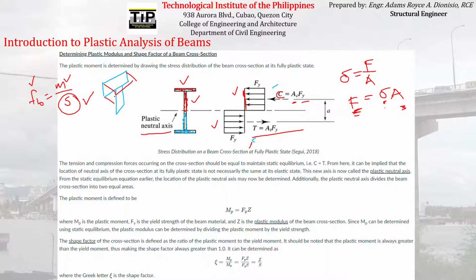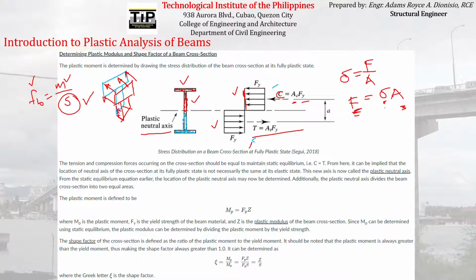Para siyang may volume. Tapos gano'n din dito sa lower portion. Medyo hindi lang maganda masyado yung drawing ko, pero I hope na-imagine niyo. Paganyan yung stress diagram.